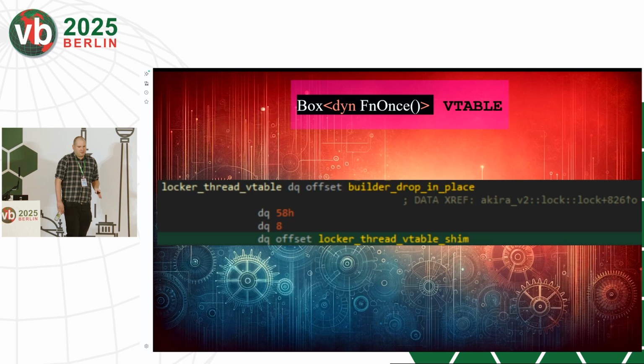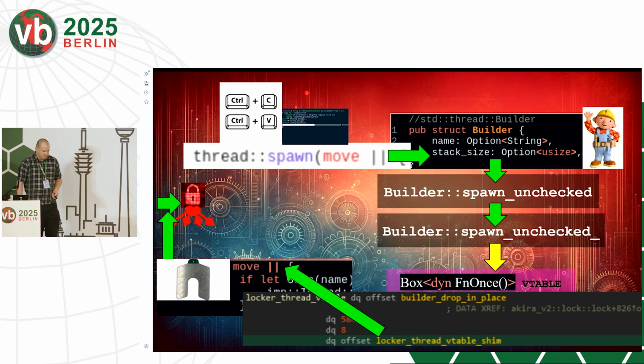So this means that the original entry point the thread is going to begin its execution at is, let's take a deep breath, inside of a call instruction, inside of the shim, pointed at by a vtable entry, where the vtable is constructed by a library function, which got called by a library function, which got invoked by a builder object, which was initialized by the original library function thread scope spawn that the Akira devs copy-pasted from the indicative sources, or the README files to be more exact.